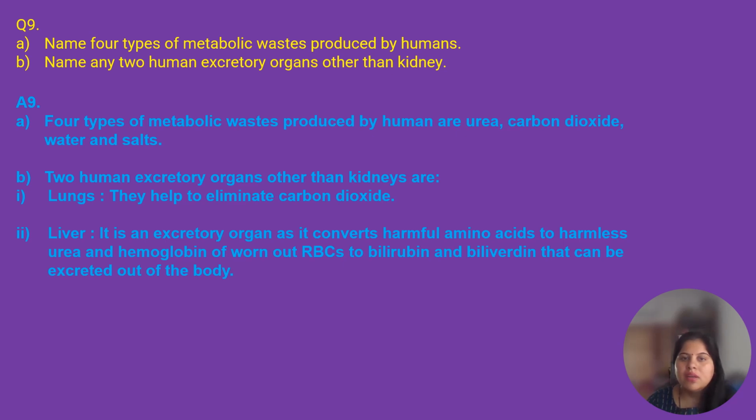And liver also acts like an excretory organ. How? Because it can convert harmful amino acids to harmless urea and the hemoglobin of worn out RBCs to bilirubin and biliverdin that can be excreted out of the body. Bilirubin and biliverdin are chemical substances that can be removed from our body.